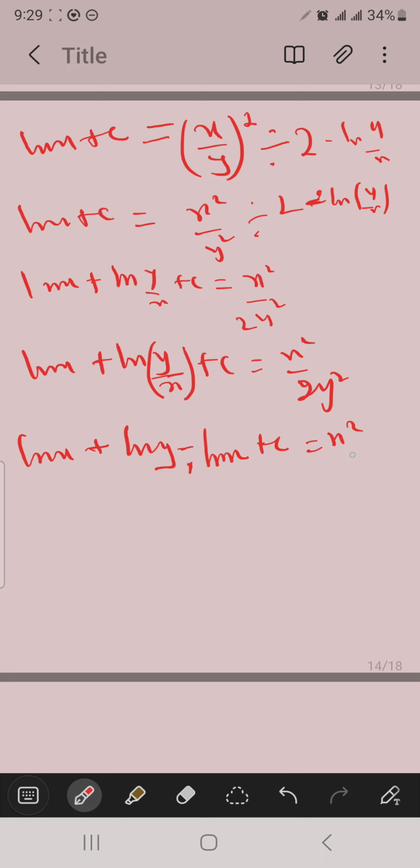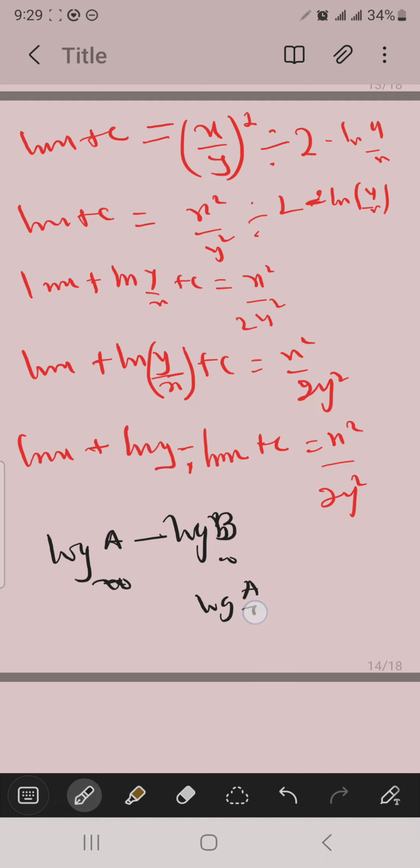Division in logarithm: when we have log a minus log b, let's say the same base, base 10, that is log a over b, base 10. So a over b will be minus. That's why I put minus here, and I hope you understand why I did that.